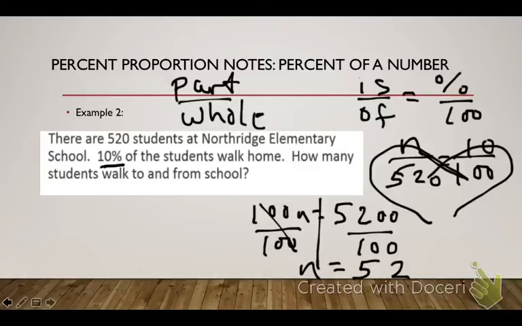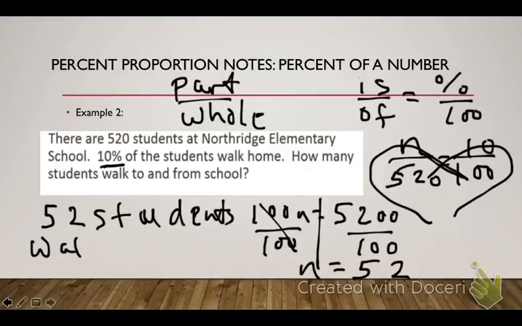So that means that 10% of the 520 students walk to and from school, 52 of them. So we have 52 students walk. Sorry, kids. Fingers just aren't working there.